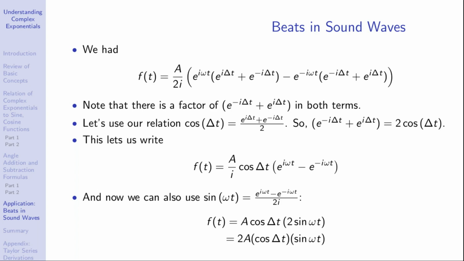And this gives that f of t is equal to a cosine of delta t times 2 sine of omega t, or 2a cosine delta t sine omega t.